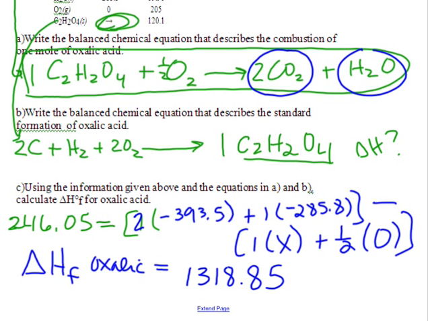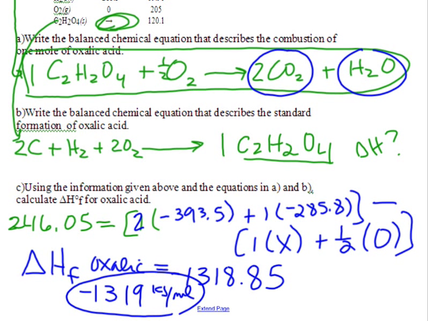All right. Negative 131.9 kilojoules per mole. Are we sure? God, y'all, I'm stressed out now. How can they miss it that much? I don't know. That's debatable. Okay, are we good?